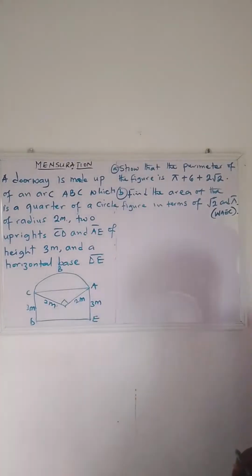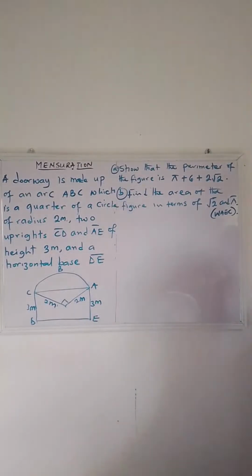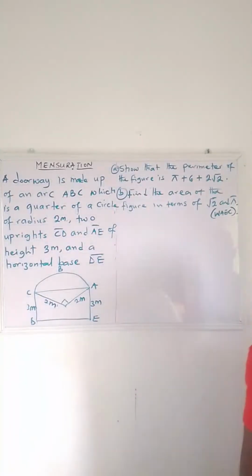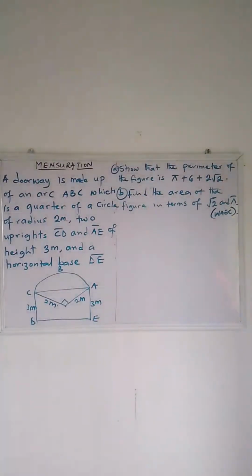Now, what does the question want us to do? The question wants us to show that the perimeter of the figure is pi plus 6 plus 2 square root of 2. So how do we go about this question?